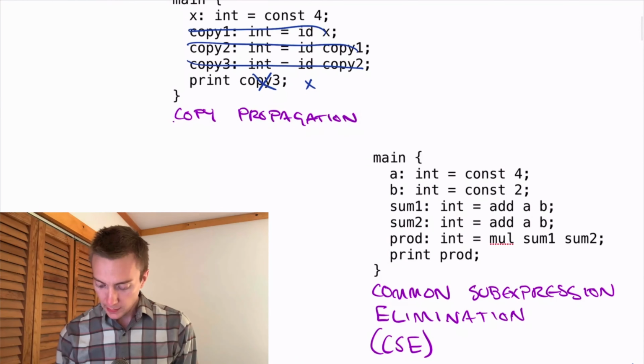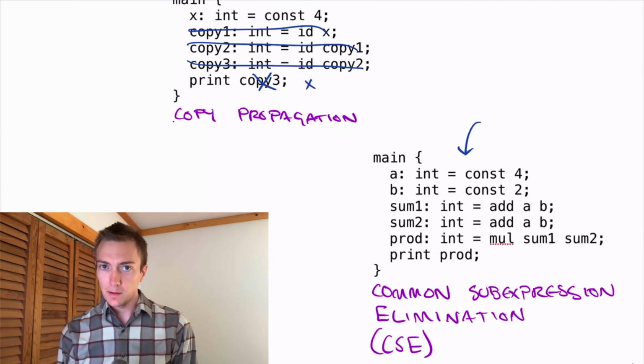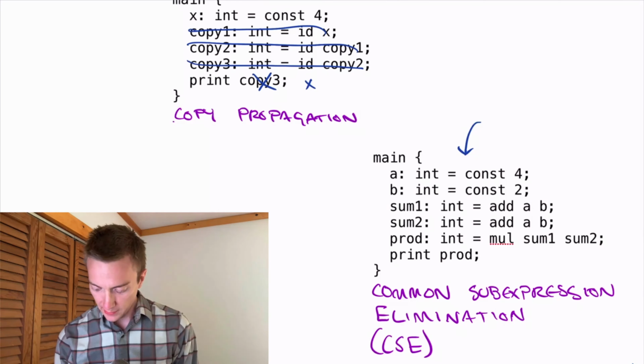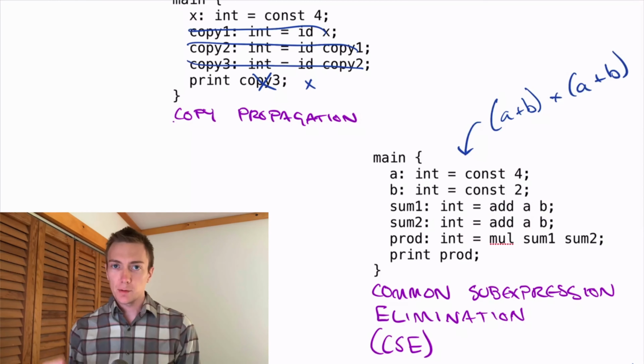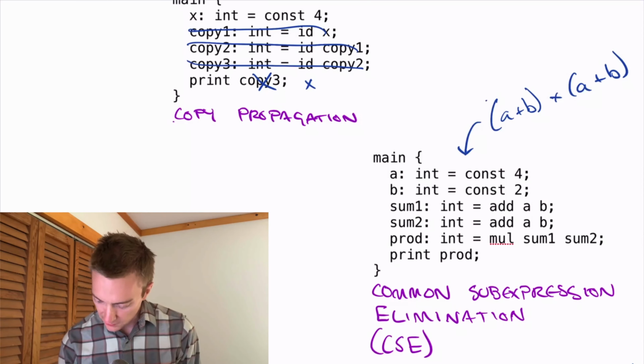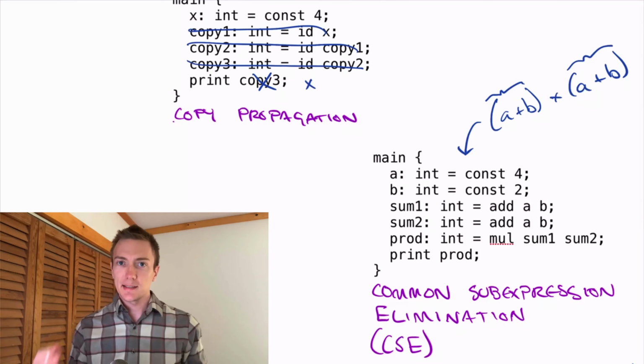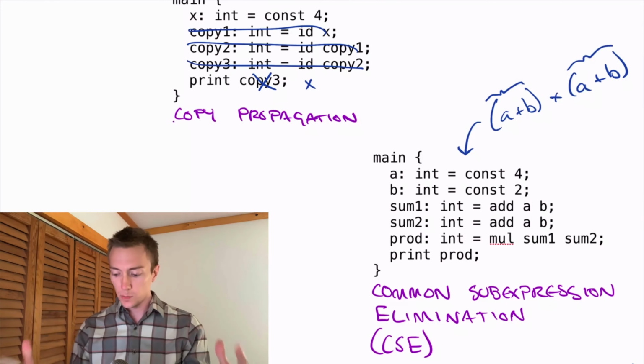The third program here demonstrates a different form of redundancy. This one, if you squint at it for a second, is the long instruction-y way of saying A plus B times A plus B. And this represents an opportunity for what's called common subexpression elimination, where these things are the subexpressions that are common. That is, it's the same computation being done twice.